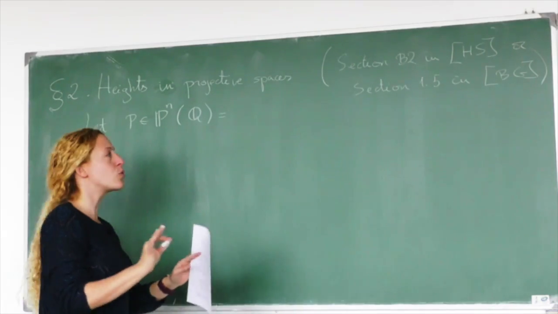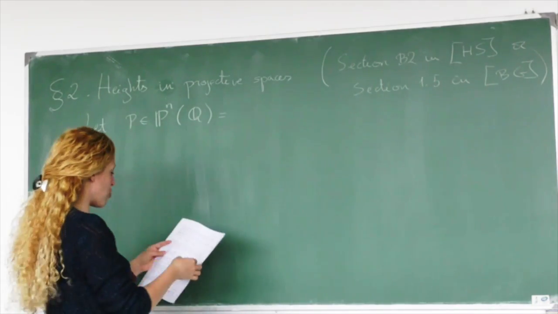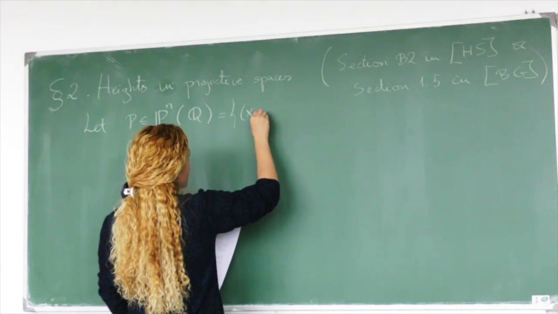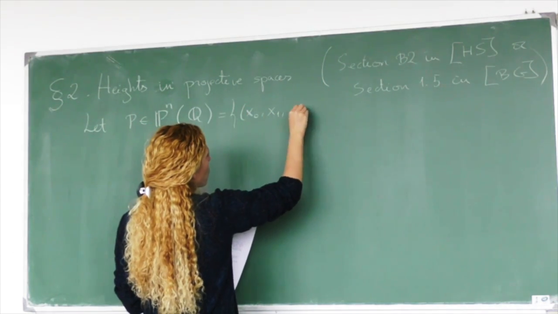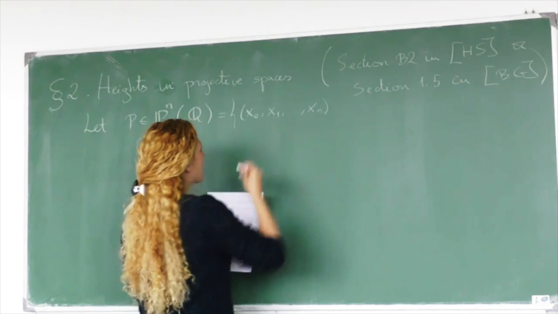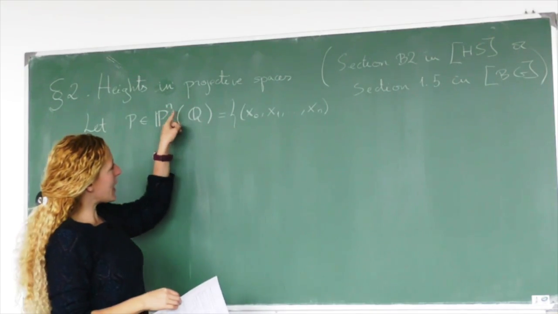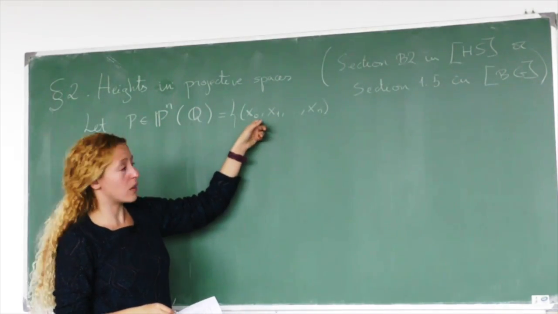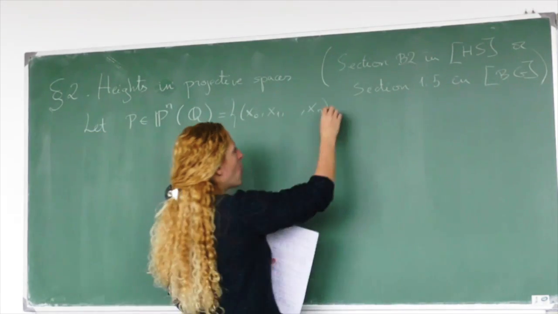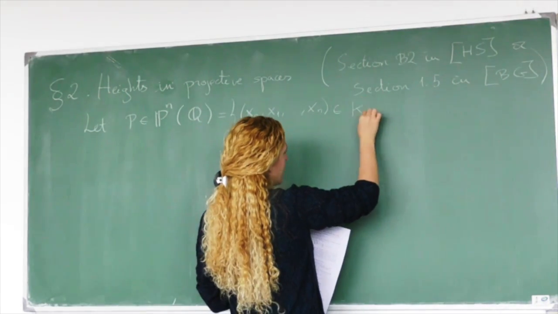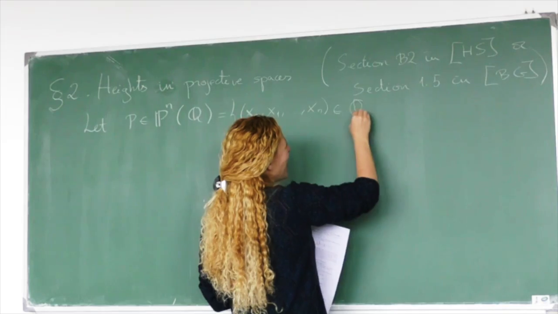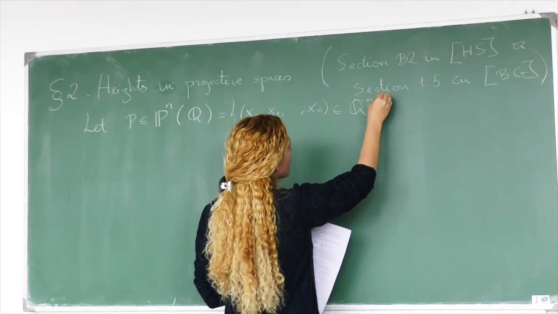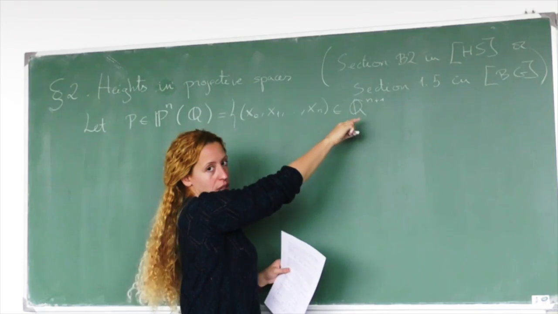But right now, to motivate, let's start with the rationals. So we can see this as a point given by, be careful, even if there is an n, there are n plus 1 coordinates, because we start at 0. So, rational coordinates. This is a point in here.